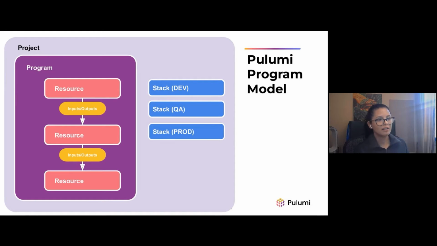A stack file typically represents an environment such as development, QA, and production, right? So these stack files will differ from one another. For instance, you may have different AWS regions specified in each of these files. You could also have something like your EC2 instance size.